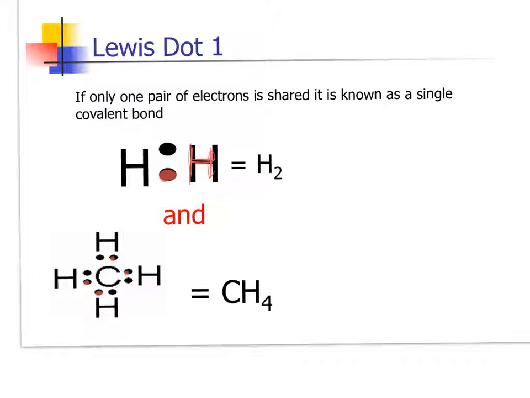And if we look just at carbon, it has 8 electrons around it. That's the name of the game, trying to get this 8. So if it has 8 electrons around it, it's happy because it has a full valence shell. So we have 8 electrons around carbon, and it's happy.